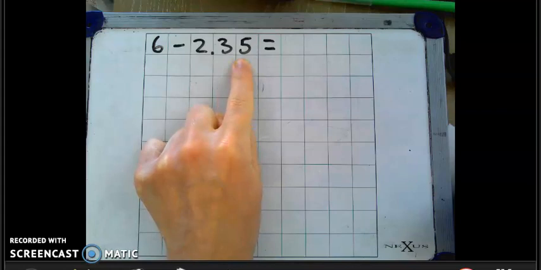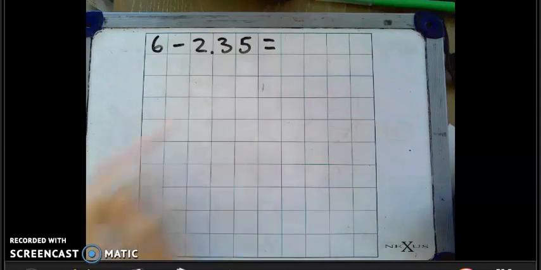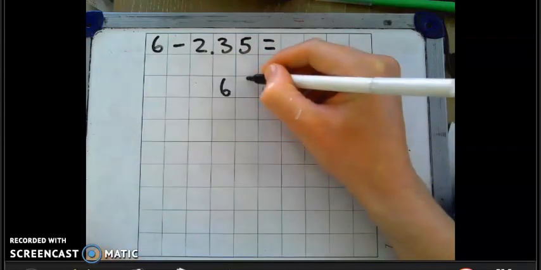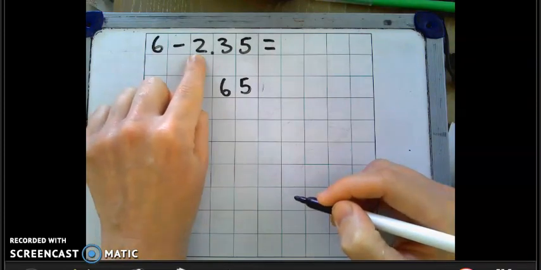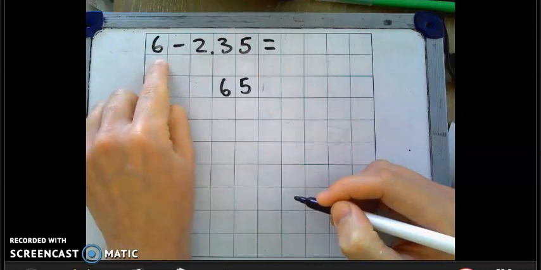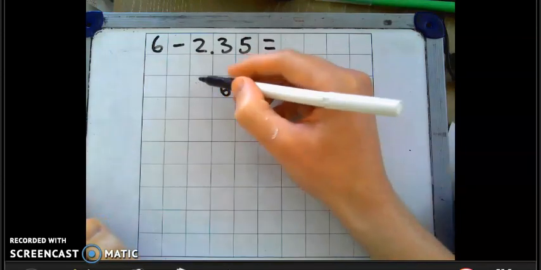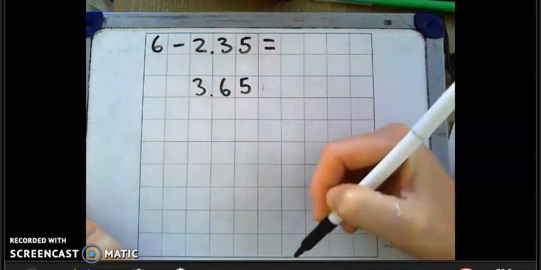So how many hundredths do we need to add to get to the next whole number? 35 and 65 are number bonds. So we need to add 65 hundredths, and then we're at 3. How many do we need to add to 3 to get to 6? 3. 3.65.